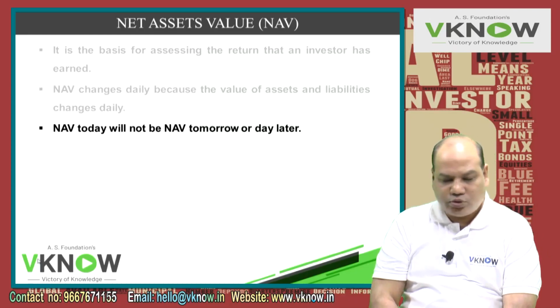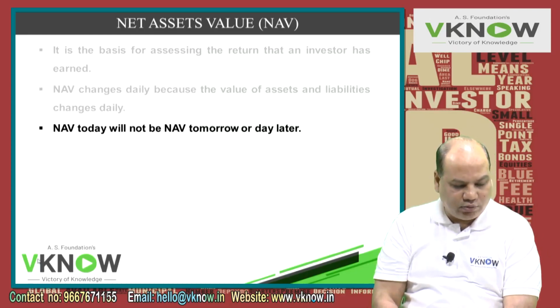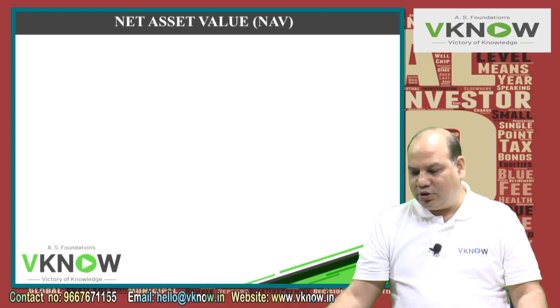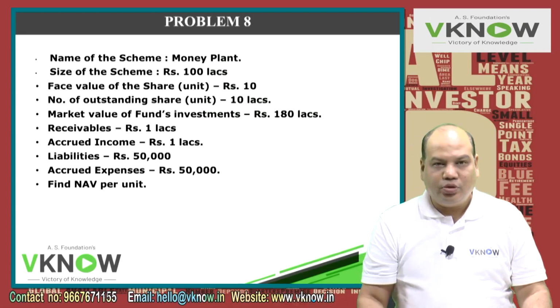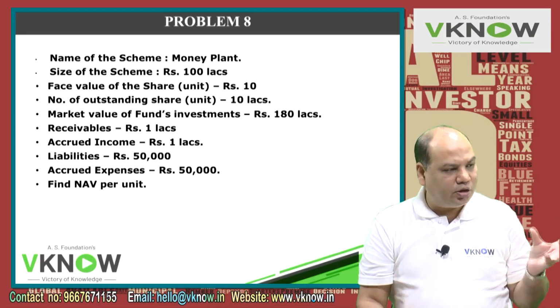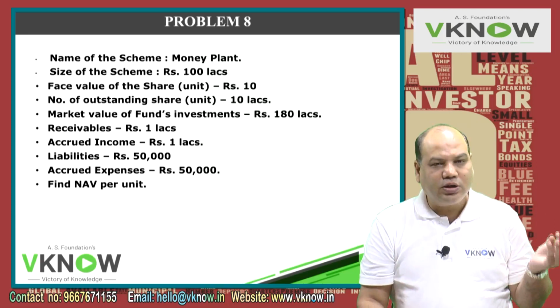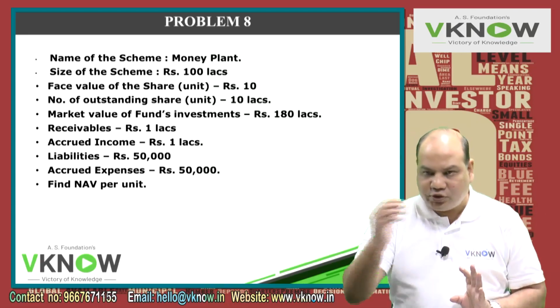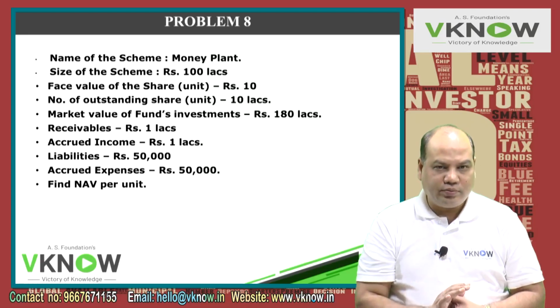So now we'll first do some basic questions on NAV calculation, right? Just be a little aware of what is happening around you. Use common sense. The purpose of NAV calculation is to know what is the amount per unit an investor will get if this scheme is closed today.